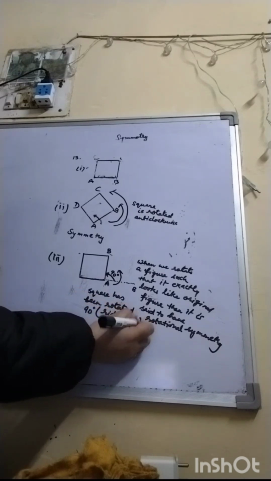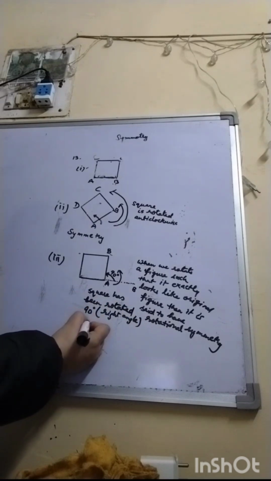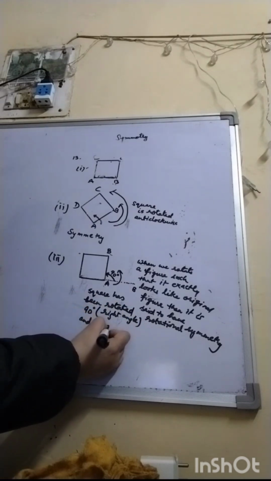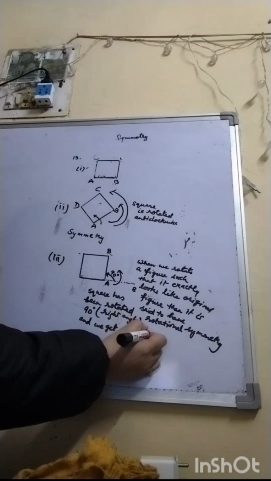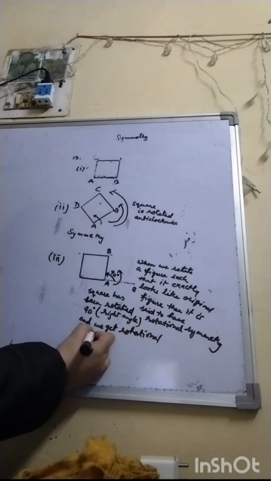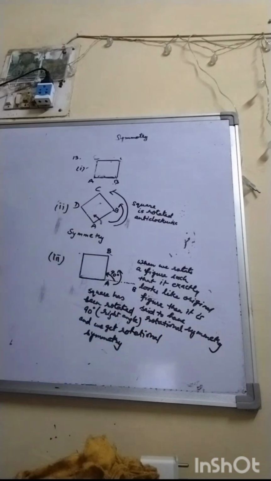Always remember 90 degrees, a right angle, and we get a rotational symmetry. Okay, so here you get the rotational symmetry.